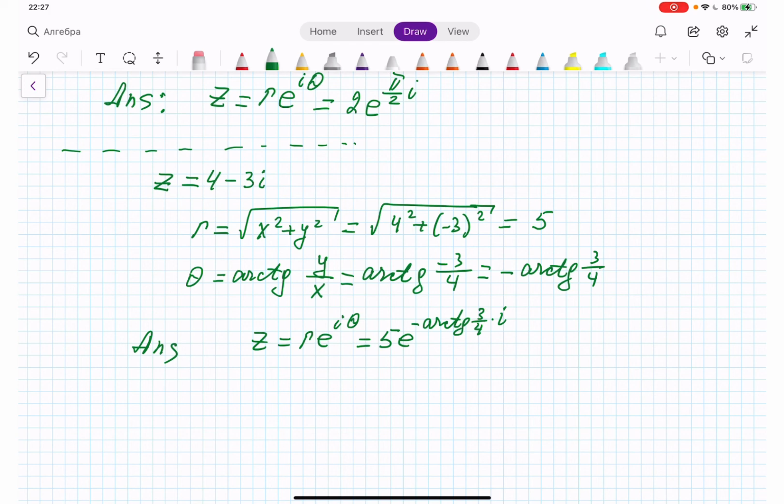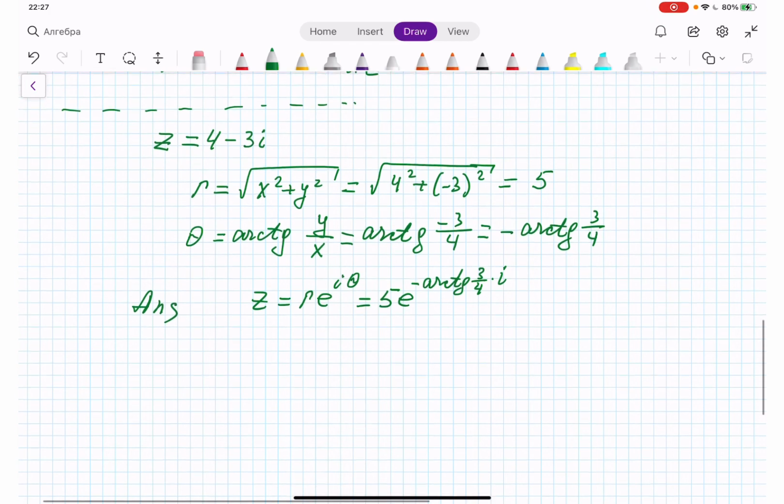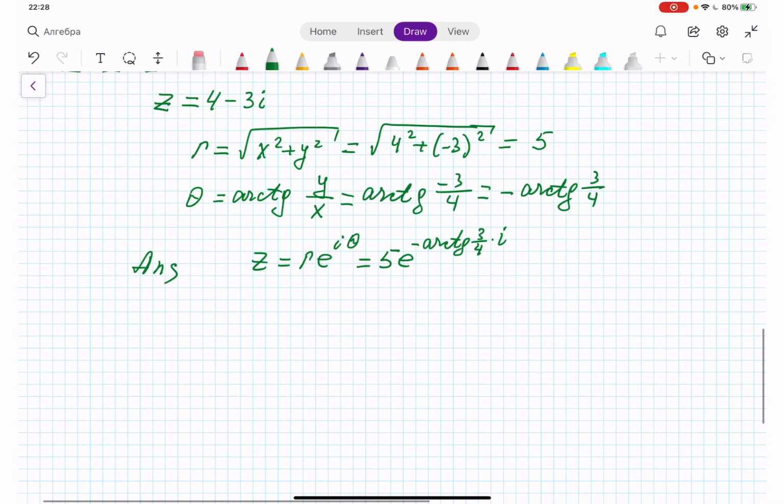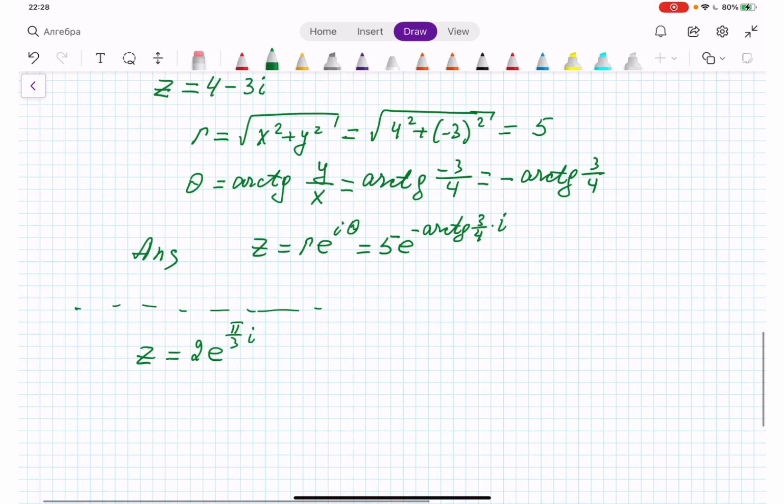For a complex number in exponential form, z is equal to e to the power pi over 3i. Find its algebraic form. So now we are going backwards from exponential form to algebraic form.